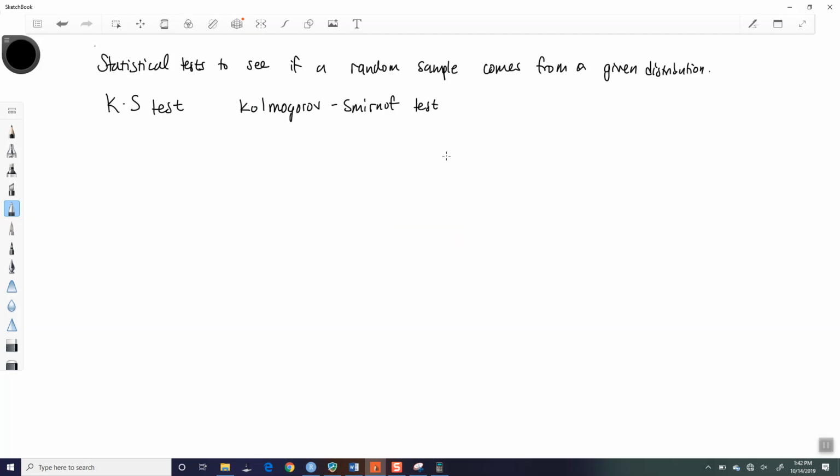Okay, so we got the KS test, or the Kolmogorov-Smirnov test. Okay, and it's a test to see if observed data, or a given sample that you have, comes from a given distribution.